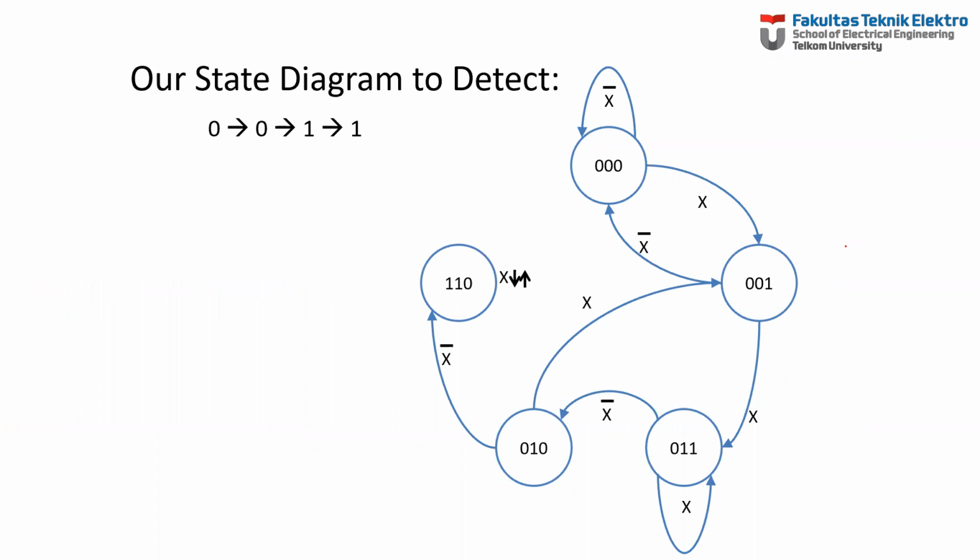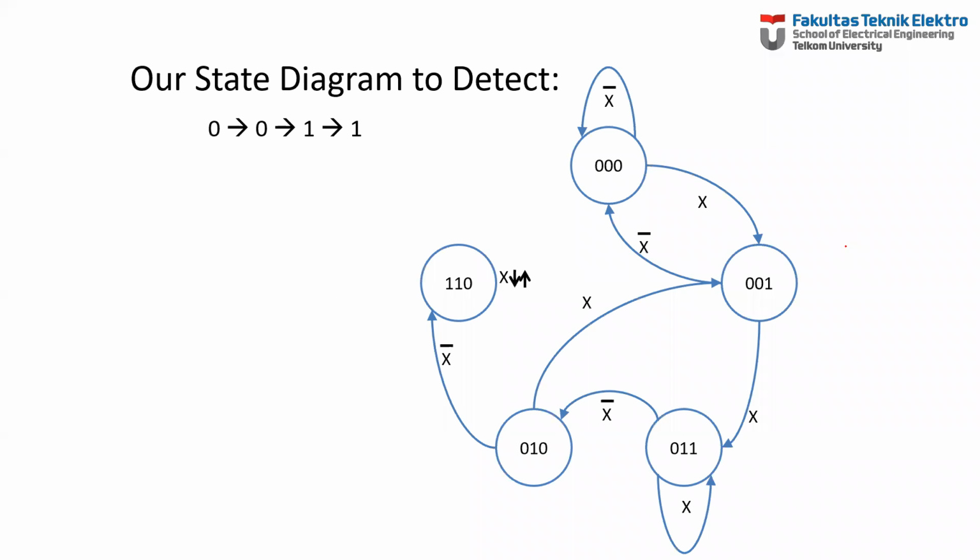You can implement this state diagram using FSM. Or maybe we want to create the detector to detect, undetect, undetect, detect again and again. So that means it will not end here.